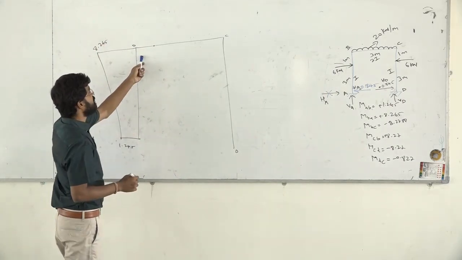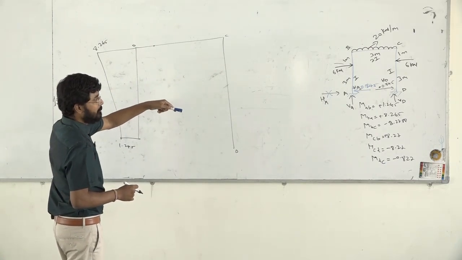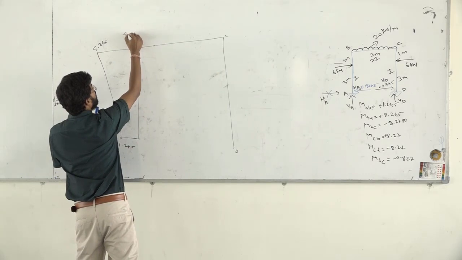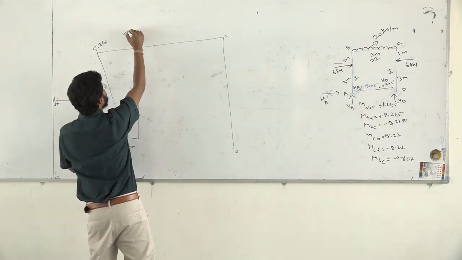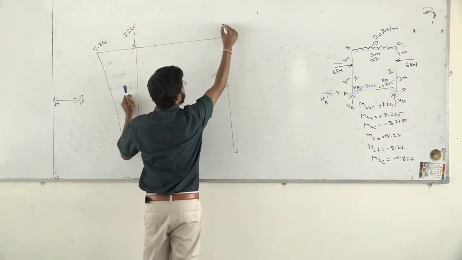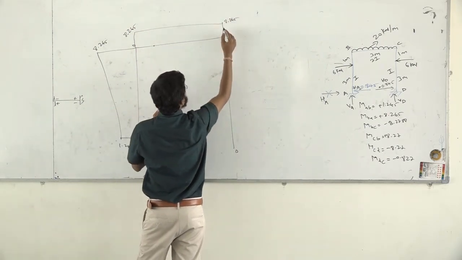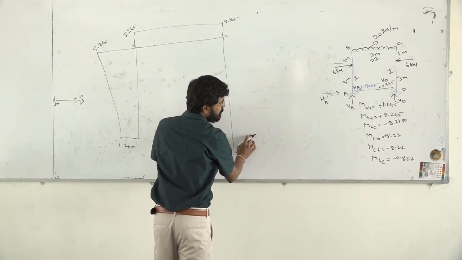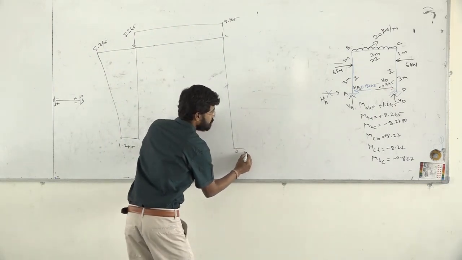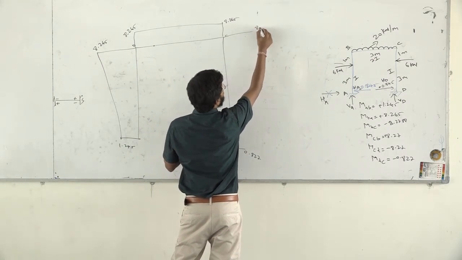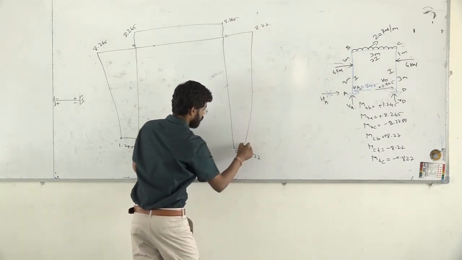Now similarly if you go with the BC span, we have minus 8.265. Similarly here also we have 8.265. You have to just join these two values. Similarly at BC we have 0.827. Here we have 8.27. You have to just join these two values.